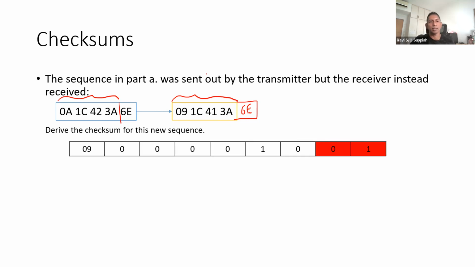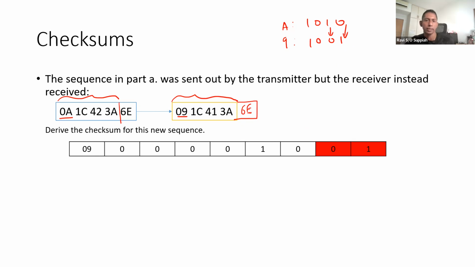So the first thing that we notice is the byte that is corrupted is the first byte over here. So from 0A it became 09. So if you look at A and 9, 1010 and this is 1001. So what happens? This bit and this bit, we have two bits that are flipped. Okay, two bits that are flipped in the byte.